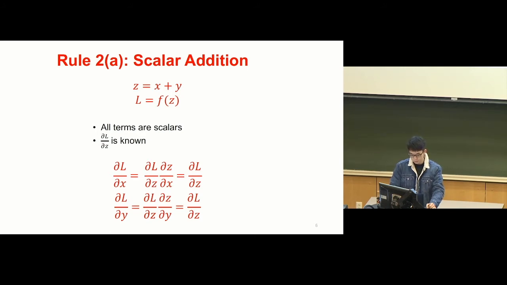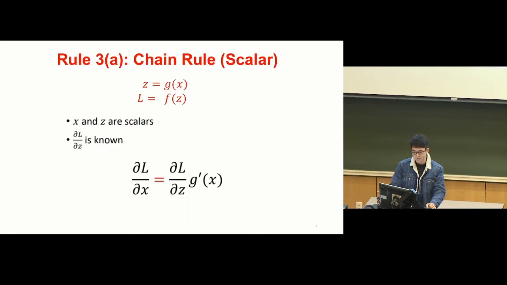And the derivative for y is the same computation as for x. Next is the chain rule. Here, z equals the function g of x, and L equals the function f of z. The partial derivative of L to x equals the partial derivative of L to z times the derivative of z to x.